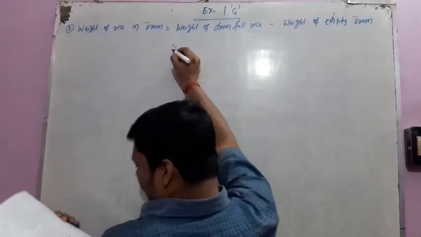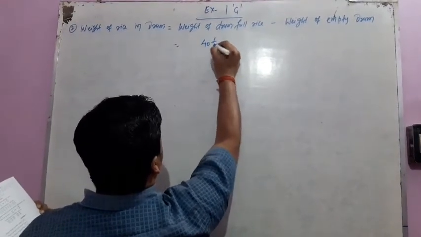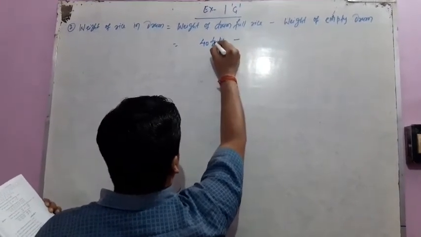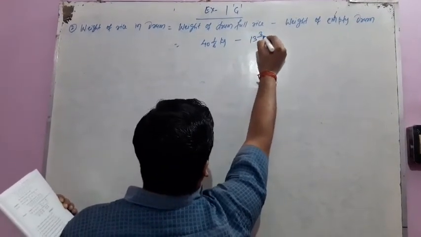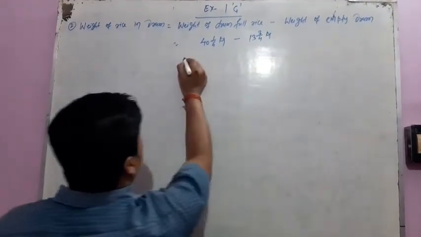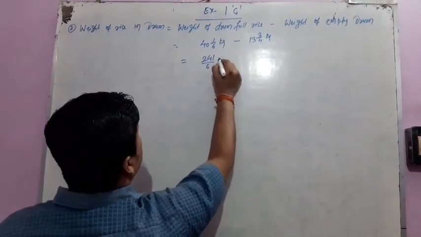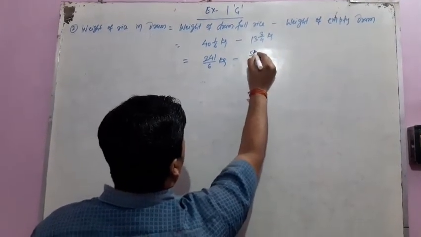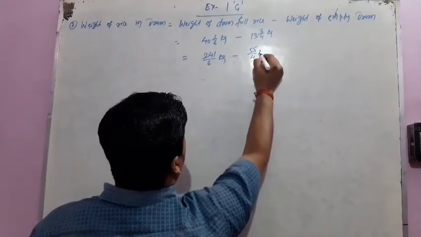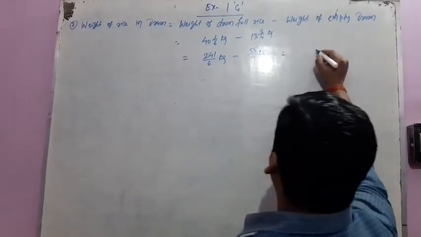So the weight of drum full rice is 40 whole 1 by 6 kg minus the weight of empty drum is 13 whole 3 by 4 kg. 6 40 are 240 and 1, 241 by 6 kg minus 13 4 are 52 and 3, 55 by 4 kg. By subtracting the values, you will get the answer.